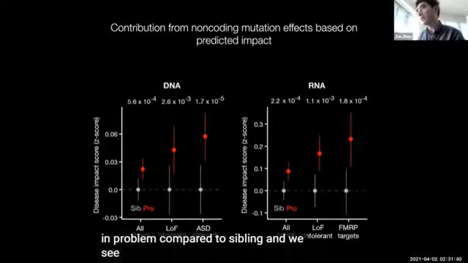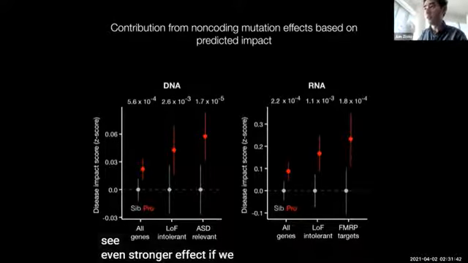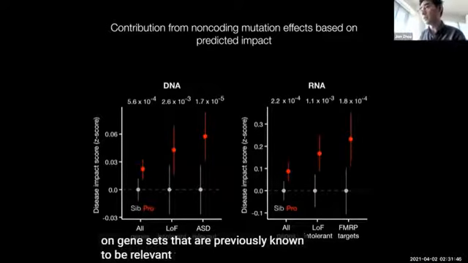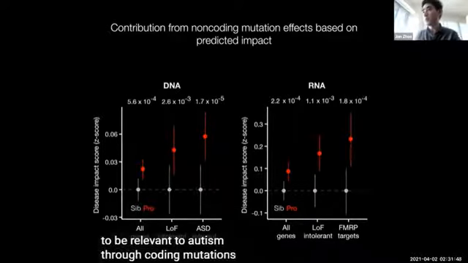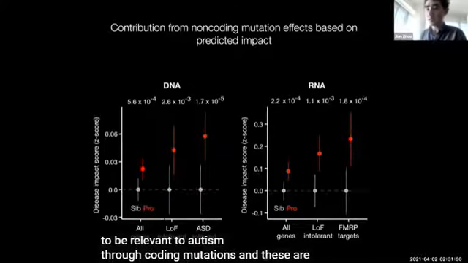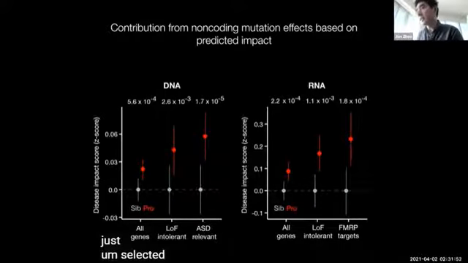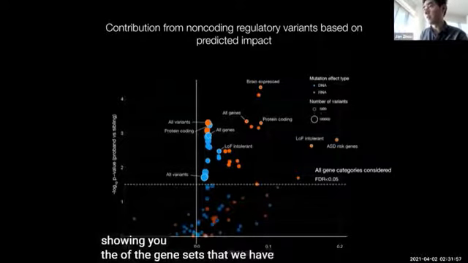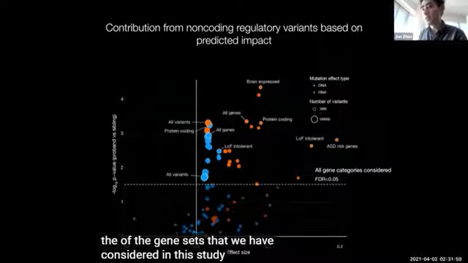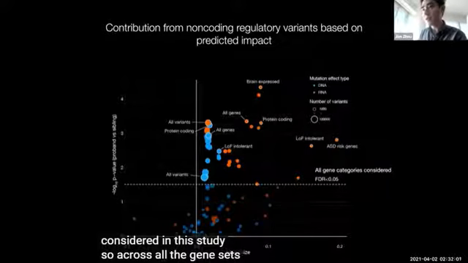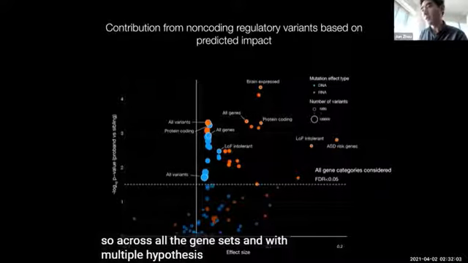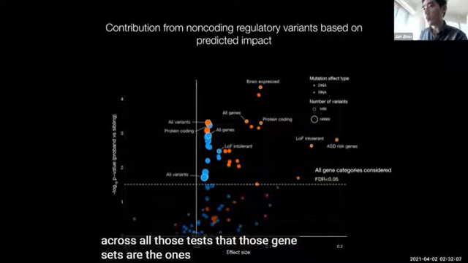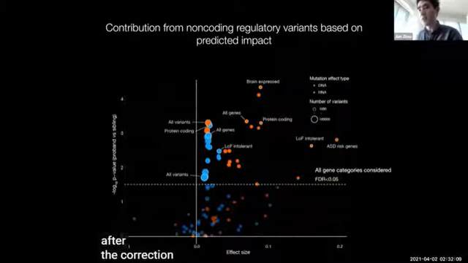And we see even stronger effect if we focus on gene sets that are previously known to be relevant to autism through coding mutations. And these are just selected gene sets. So here I'm showing you all of the gene sets that we have considered in this study. Across all of the gene sets, with multiple hypothesis correction across all of those tests, those gene sets are the ones that are significant after the correction.